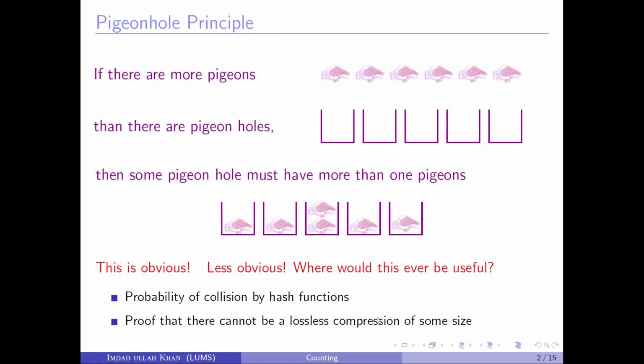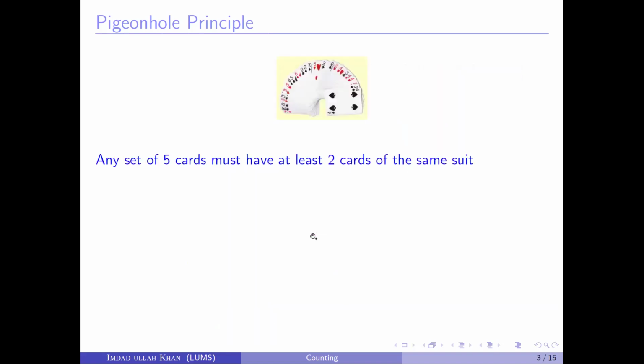Okay, let's have a look at some interesting applications of the pigeonhole principle. Most of you might have played or seen people playing cards. In general, if you're not familiar with cards, the types of cards are 4, and each type has 13 cards. Each type is called a suit.